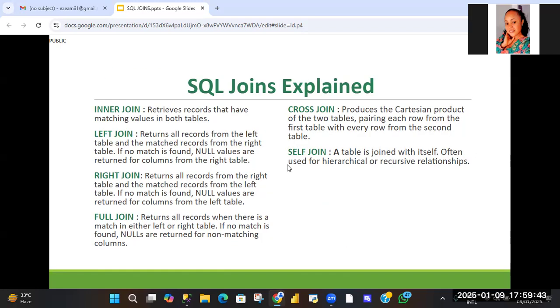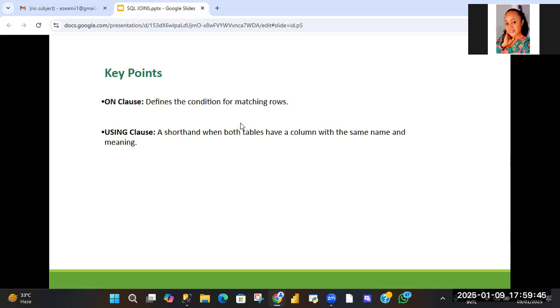Then the key points to take from this lesson: the ON clause, because you have to state where you're joining your tables on. That's the related column, and it defines the condition for matching rows. The USING clause is a shorthand when both tables have a column with the same name and meaning. This is applicable when you're using MySQL.